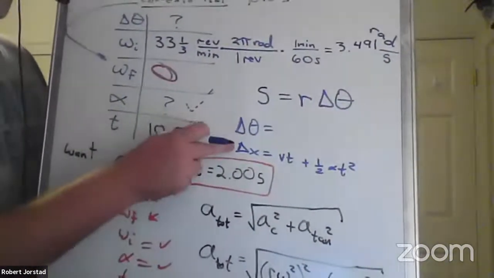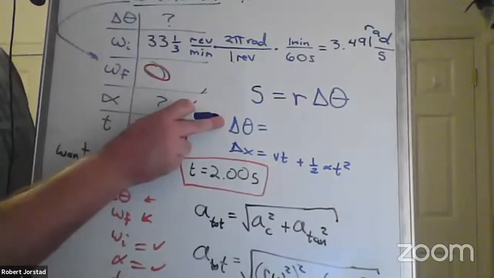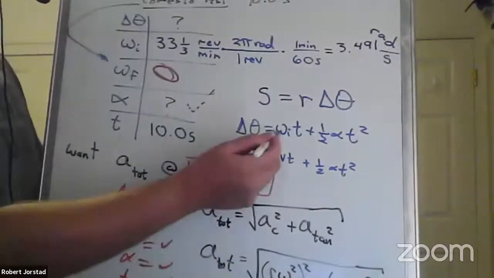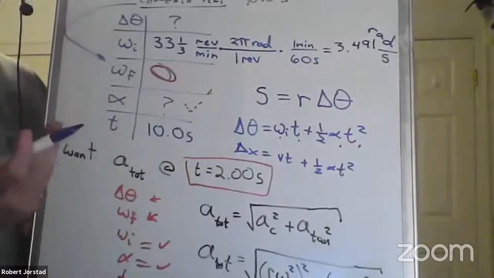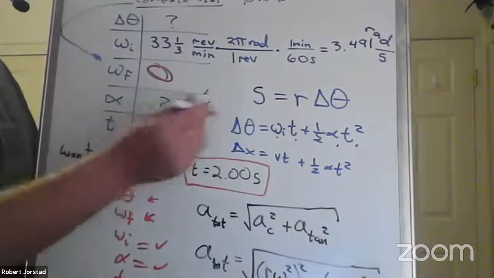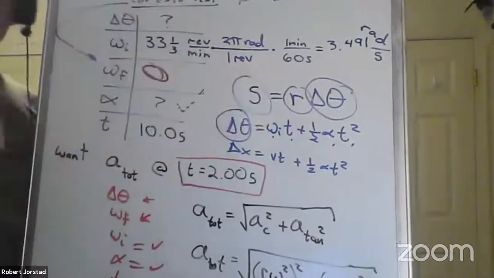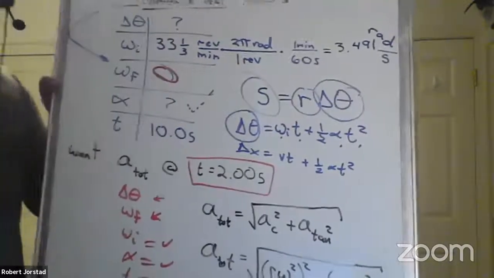What is the equivalent to this? If we want delta theta, what's the equivalent? So it'll be omega initial t plus 1/2 alpha t squared. Exactly. And so we know this, now we know this, we've got it. So we could get delta theta. Once we get delta theta, we know R, we've got S. Sweet. What do you think? Not too bad, right?